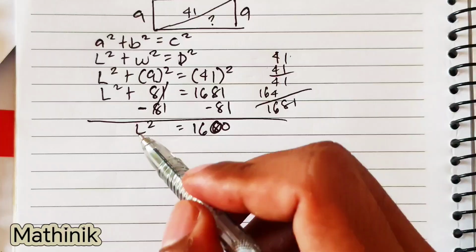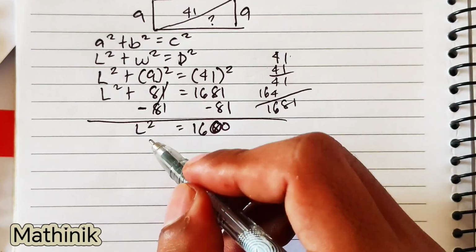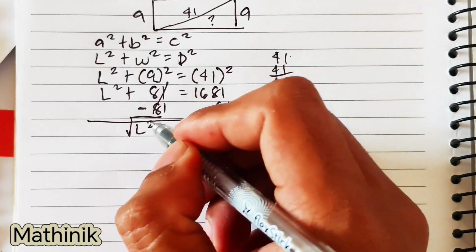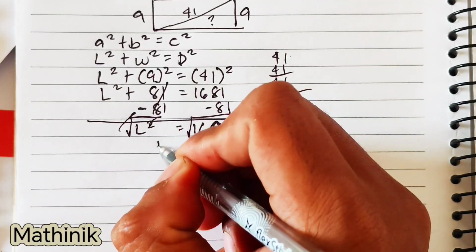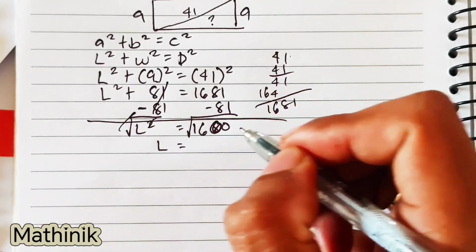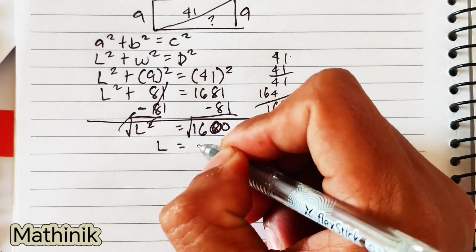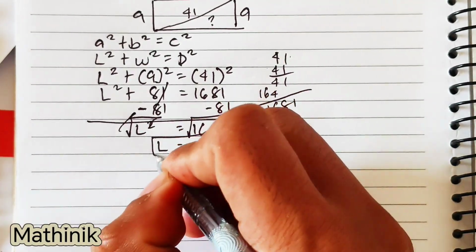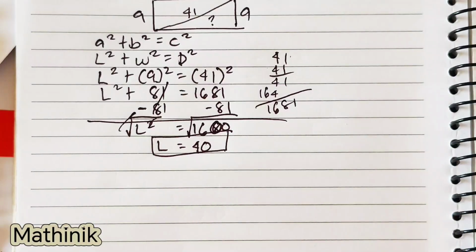Okay, next we're looking for the L, so we need to get the square root of both sides. So cancel. So we have the length is equal to the square root of 1,600, which is 40. So the length is equal to 40.